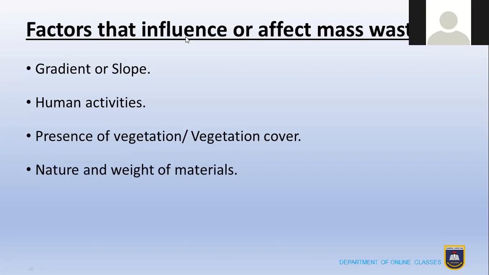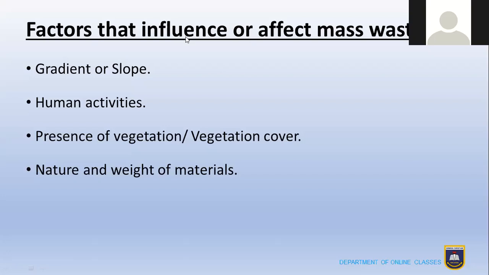Remember what I asked you to note in our definition, that all processes of mass movement occur down slope, which means that we are not expecting to see any process of mass wasting occurring on a relatively flat area.